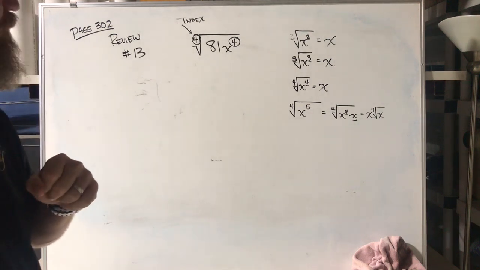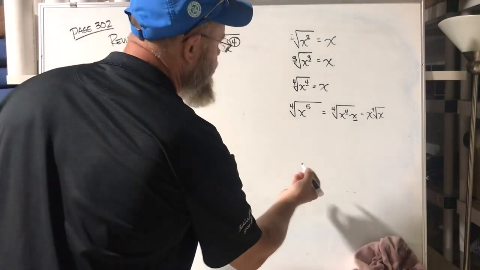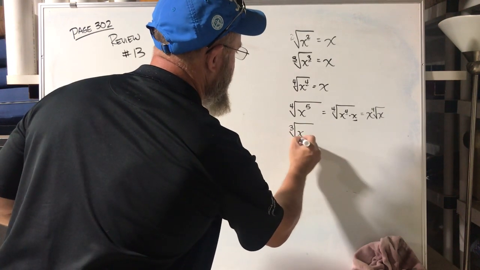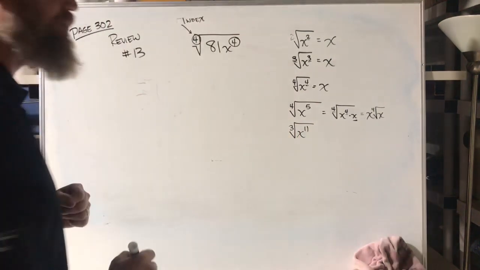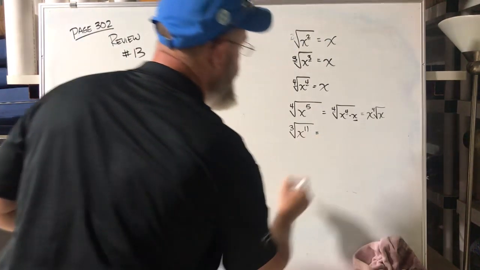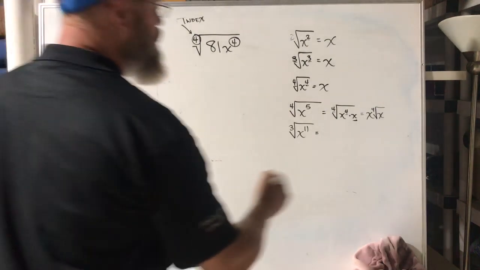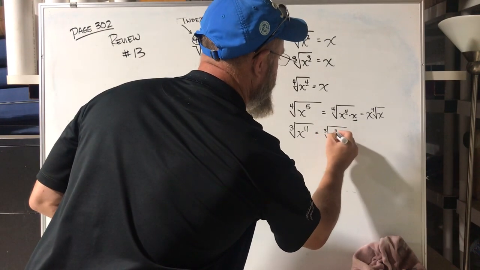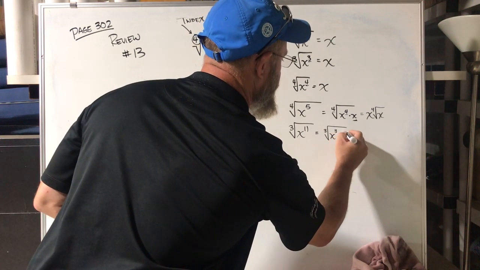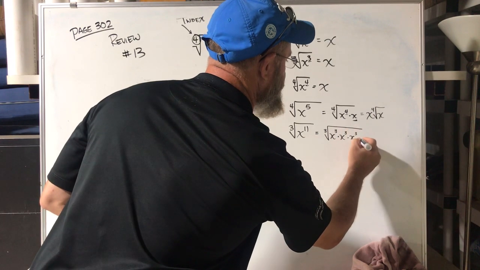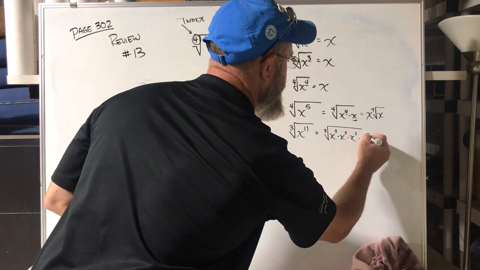Okay? If I have cubed root of x to the 11th, all right? What I can do is I can factor this, where I'd have the cubed root of x cubed times x cubed times x cubed times x squared.